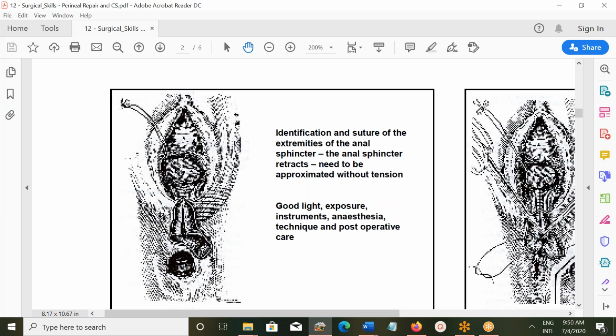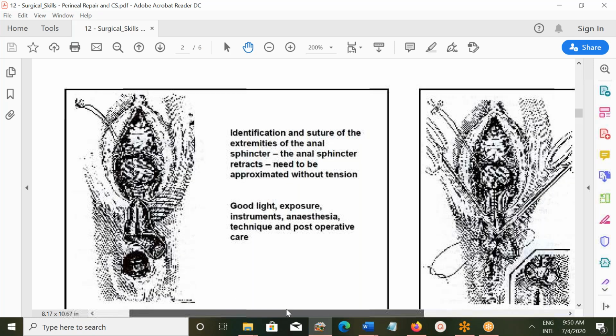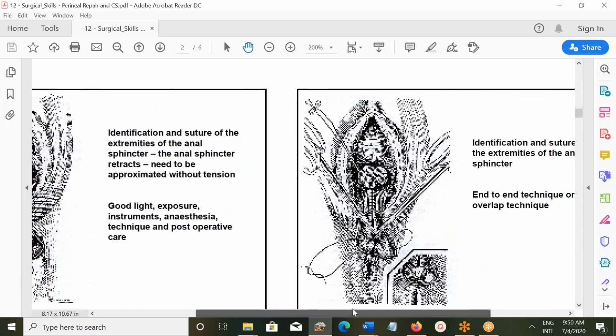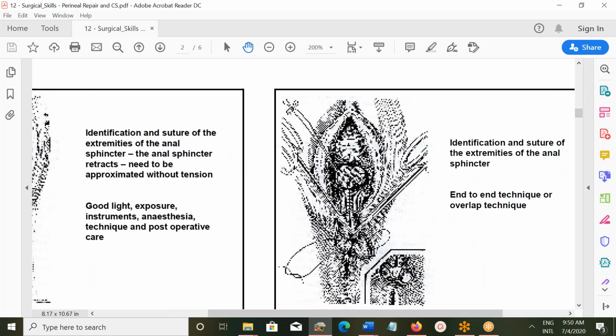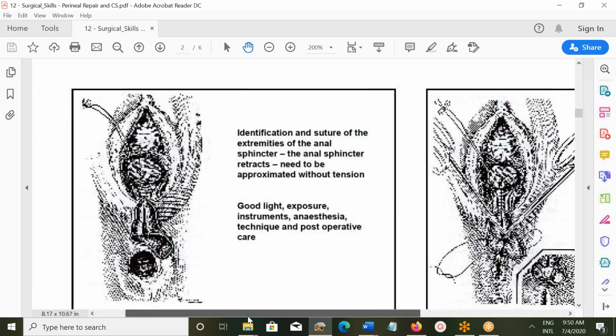Some people will say that is the routine, but when you have a 3rd or 4th degree perineal tear, you are going to repair that tear first. Okay, you have to ensure that the mucosa is intact, and then go and address that issue. Identify the external and inner sphincter and then suture that appropriately.